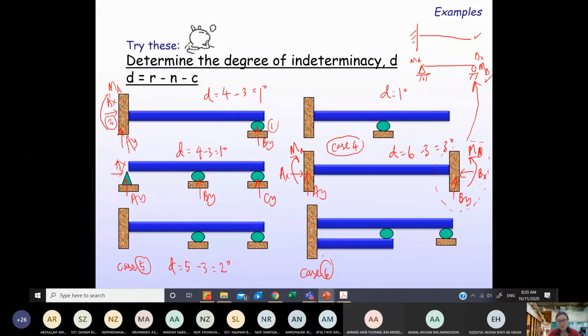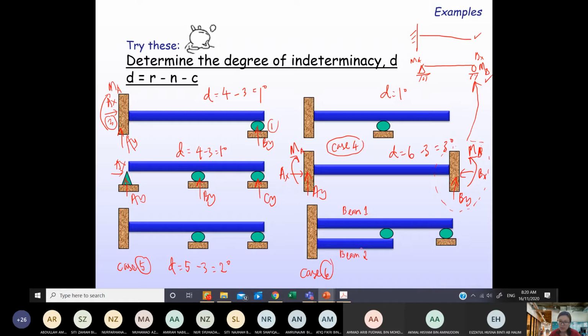Okay, so for this case number 6, I will suggest you, because this is a double system, let's say I put in beam 1, beam 2.